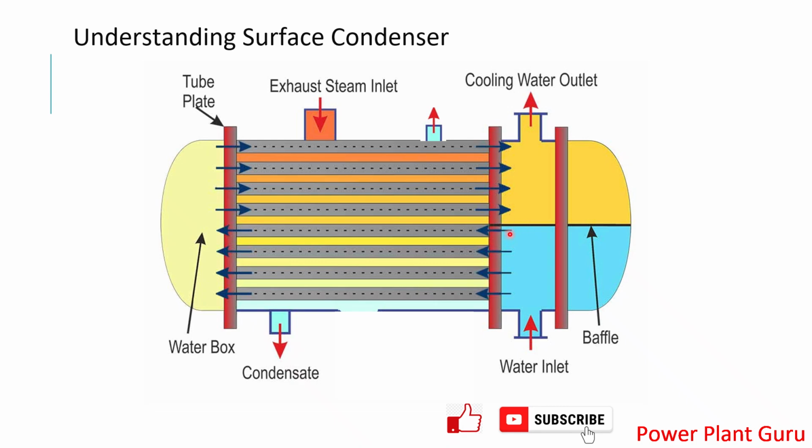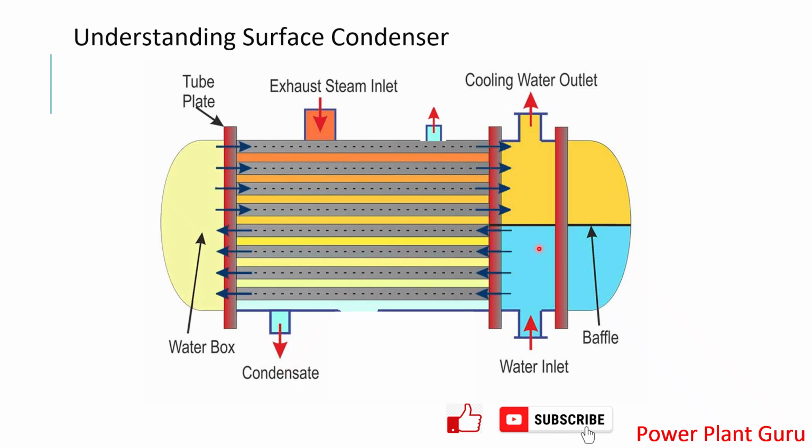In the bottom half you have a flow from this direction to this direction, and as the cooling water travels, steam will come from the turbine exhaust, and that steam will exchange heat from the overall surface of these tubes, and ultimately it will convert into water and go to the hot well.